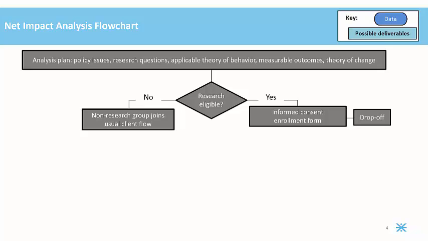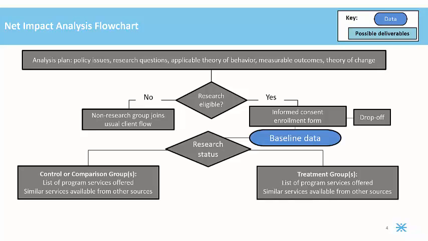After the enrollment form is completed, you'll have a baseline data set that will constrain the total sample that you have available for subsequent analyses. You'll never have more subjects than you had at baseline. Often you'll have substantially fewer by the time you get done gathering follow-up data.